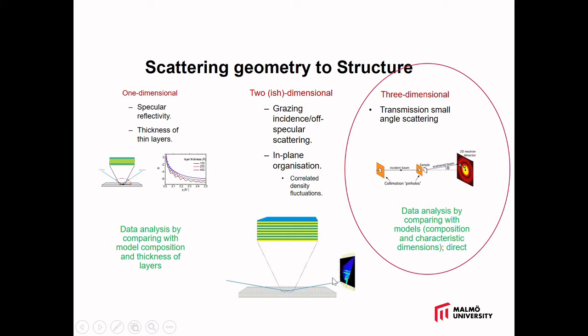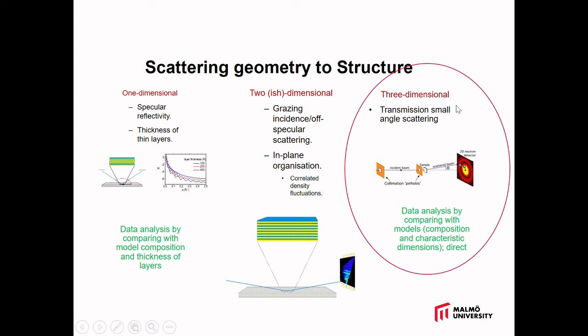And so we will probably measure on a point the reflected beam, but we'll have all this other information on the area detector around the reflected beam. So that's the grazing incidence and off-specular signal. What the experiment is probing is in-plane organization. So organization in the thin film or the surface. That's why I call it a 2-ish dimensional technique.